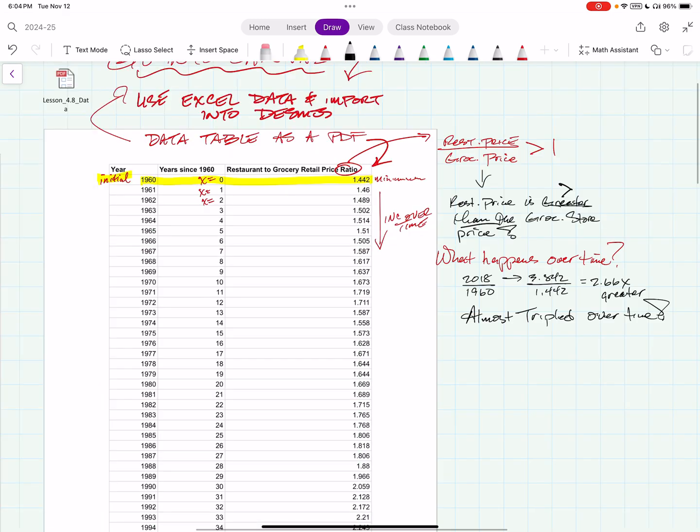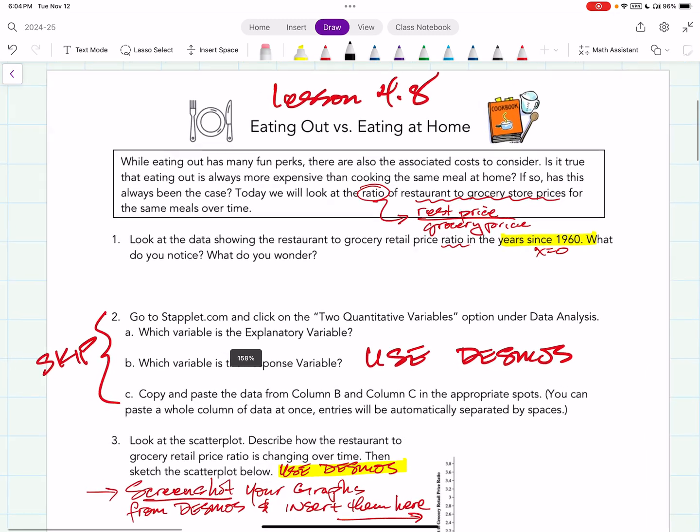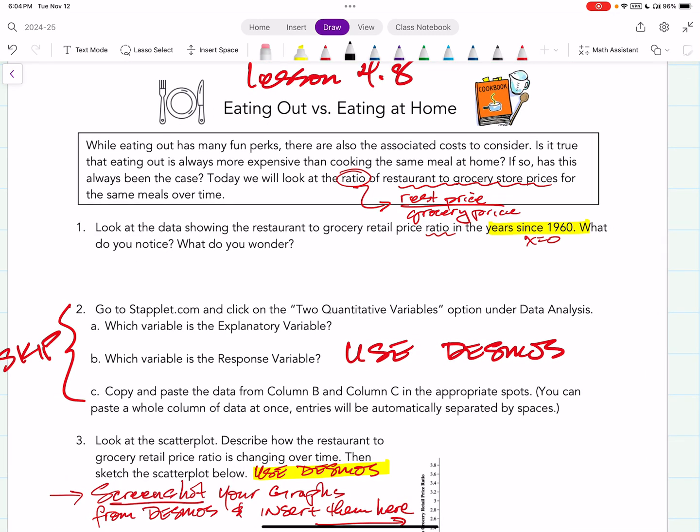All right, so let's go back to the lesson here. It says, what do you notice? What do you wonder? Well, I just noticed all these things. I haven't answered the second question yet. What do you wonder? So first of all, what do you notice? Well, first, the ratios are all greater than 1.